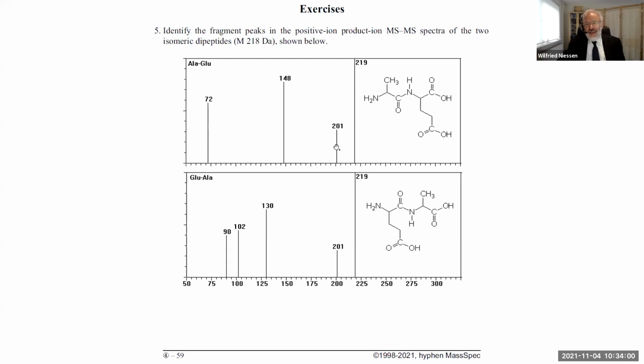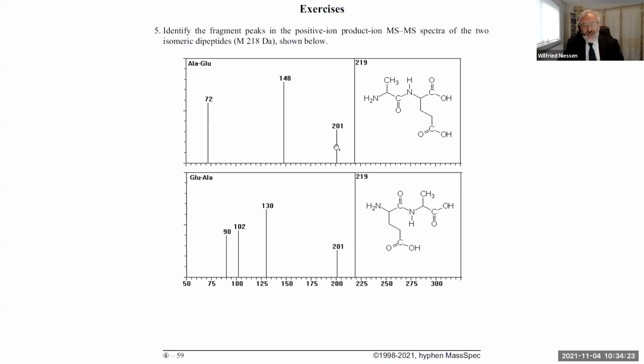I generally say the loss of water is not very informative, because you see losses of water from alcohols, from aldehydes, from ketones, from carboxylic acids, and I've actually some examples where I see water losses from ethers. So water loss is not very informative. So we just state, oh, it's a water loss.